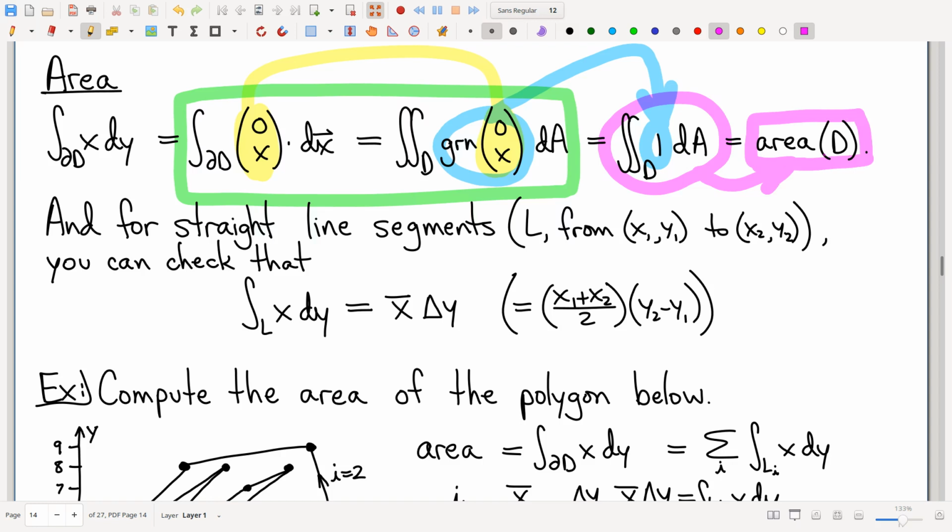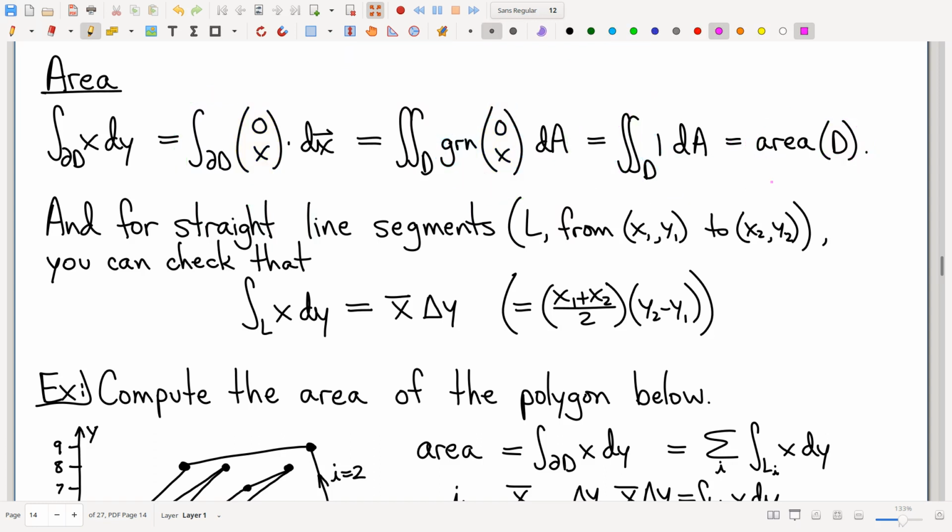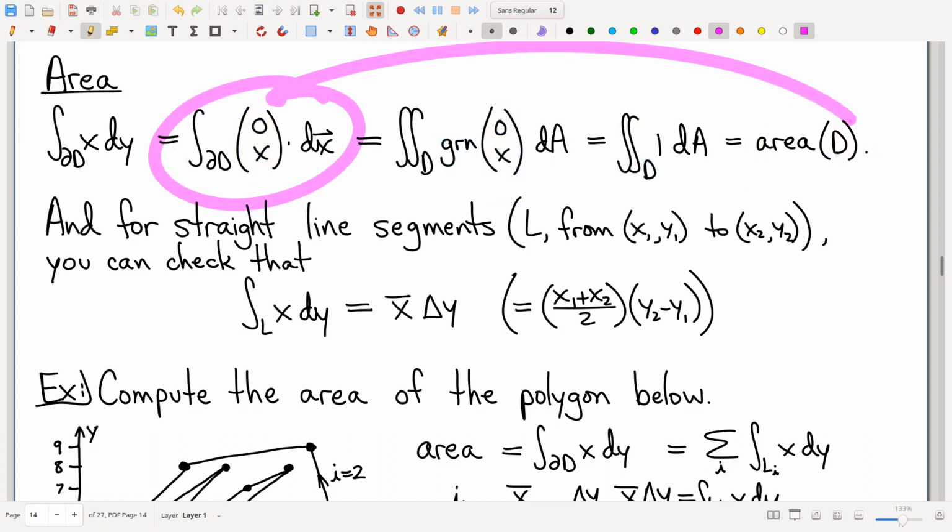So altogether, a clever choice having been made of this special vector field, what I have is a formula for computing area. This vector line integral will compute the area of the region that curve is the boundary of. It's kind of wild, right?